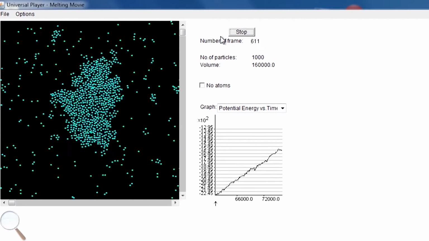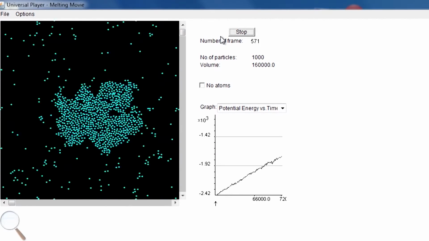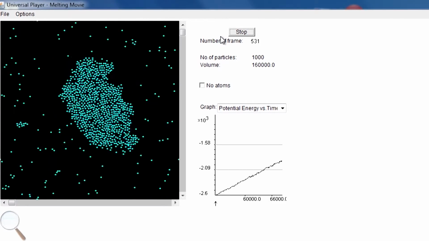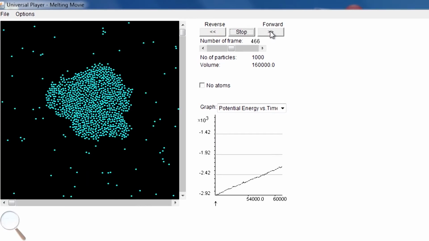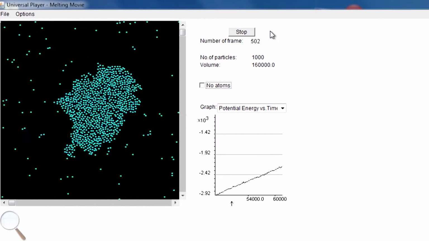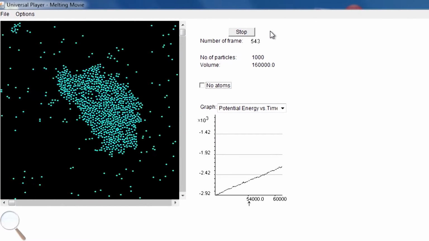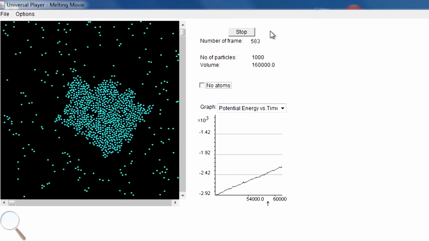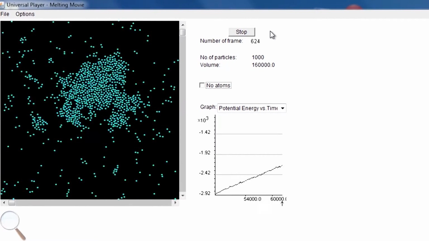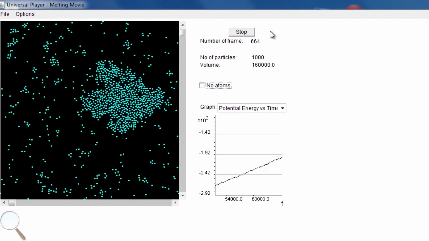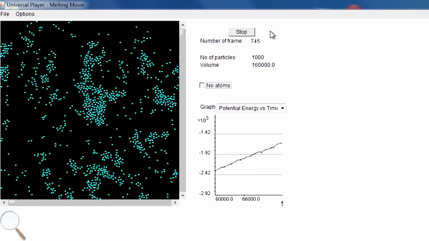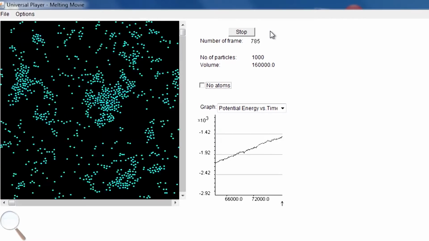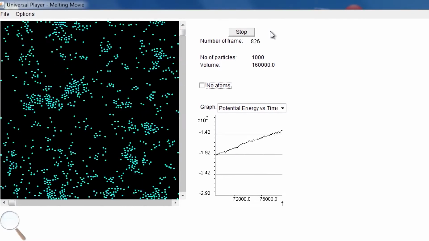You can see the changes happening. In order of magnitude, there was a sudden change in between. I will go back again and heat the substance again. Minus 2.42 was the value here, and you will see that at a certain point there is a change in the potential value.